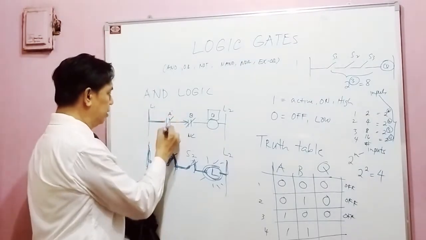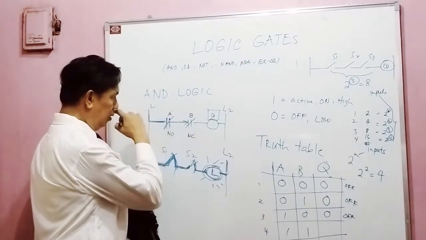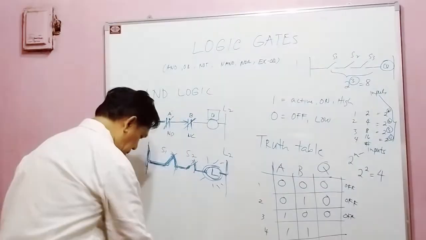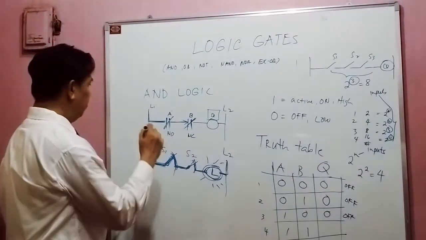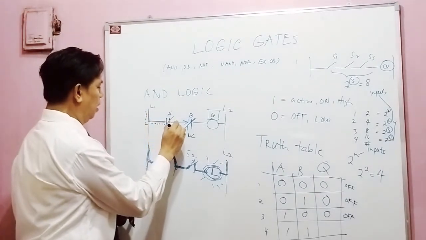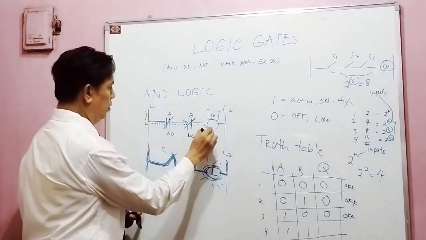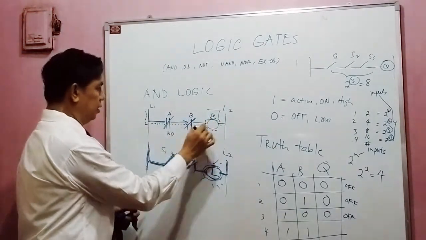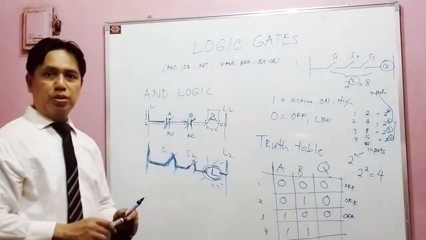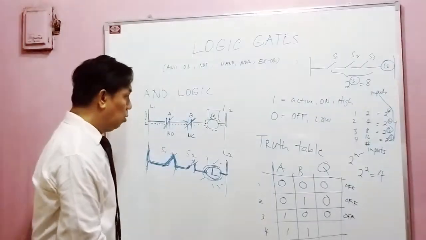If I turn this on, the contact will become closed. Then the electricity can flow here. Look at this, I may use another color so that it will become more clear. The electricity can flow from line 1 to line 2 without obstruction.